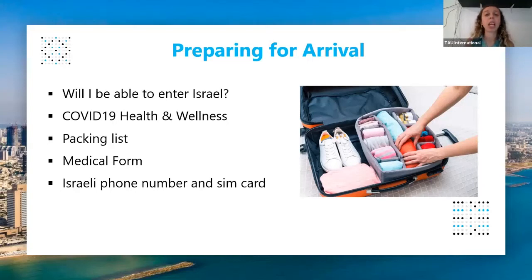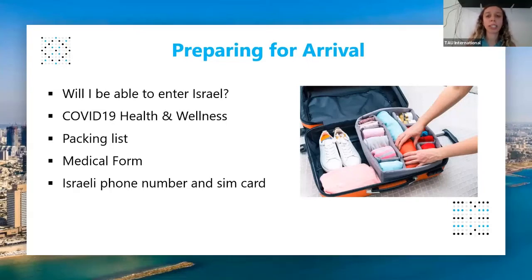I assume the answer is yes. So if you have an Israeli passport, it will be easier to enter Israel without an entry permit that we need to ask in advance. But the 14-day quarantine is mandatory for everyone, whether you're an Israeli citizen or not. So I hope it answered the question.